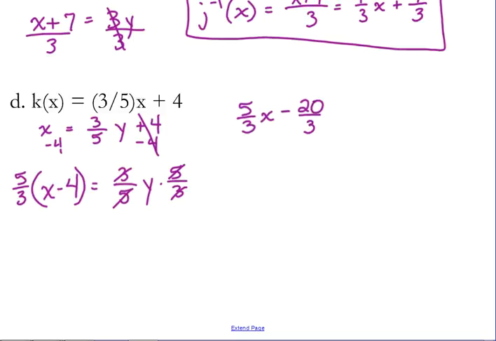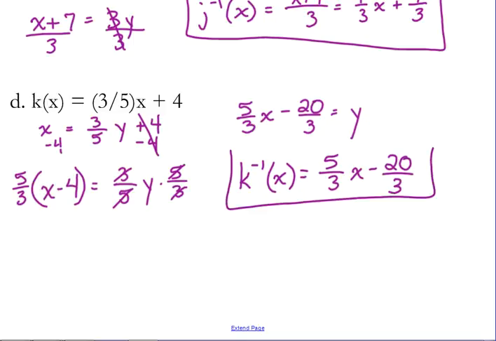So 5/3 x minus 20 over 3 is equal to y. So k inverse of x is 5/3 x minus 20 over 3. Okay, so linear functions have linear inverses.